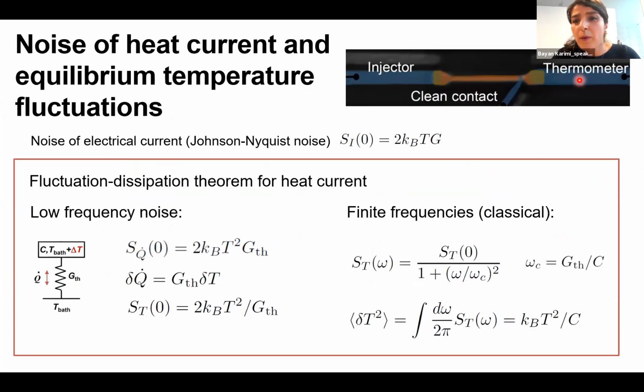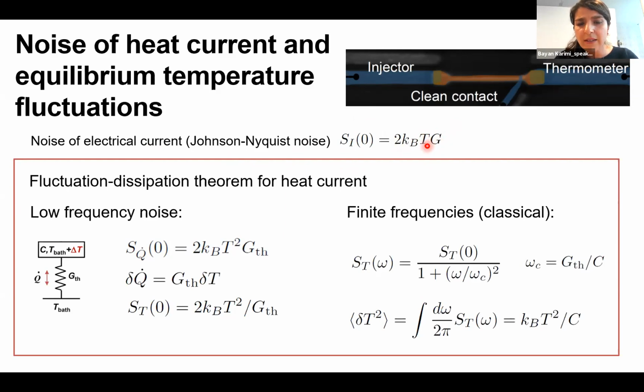So how can we use this thermometer? Let's go back to the analogy between the electrical circuit and these heatronics, or heat circuits, that we have. About a century ago, Johnson and Nyquist found the noise in the electrical circuit, which is given by this expression here, directly proportional to the electrical conductance and the temperature.